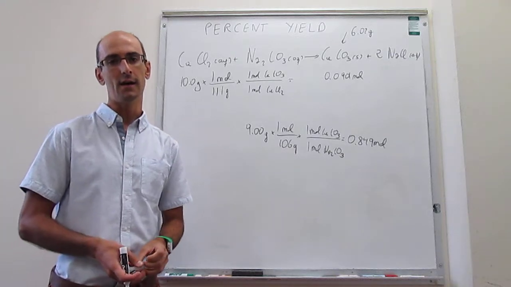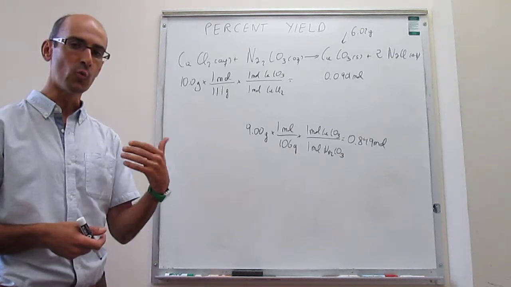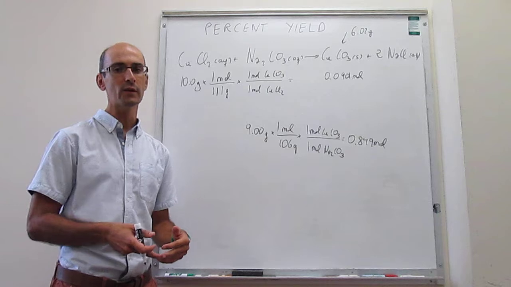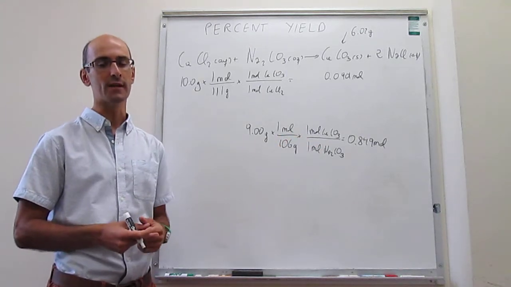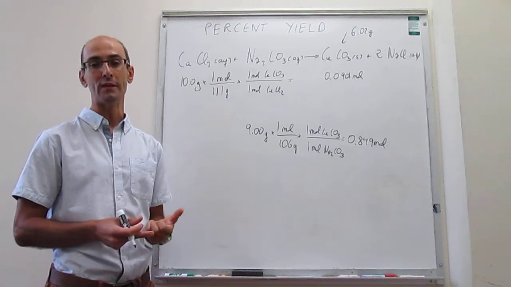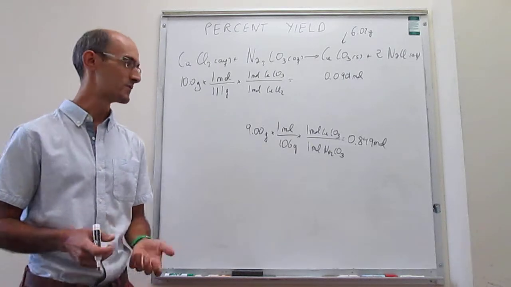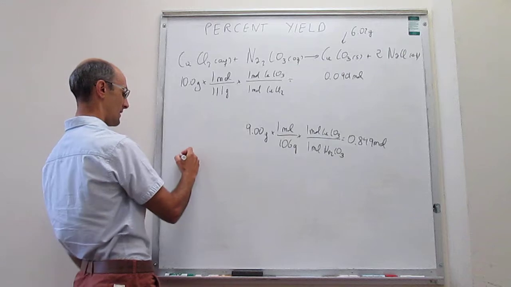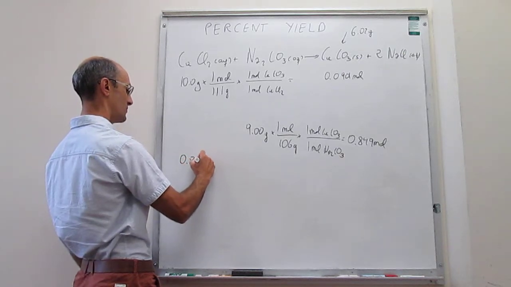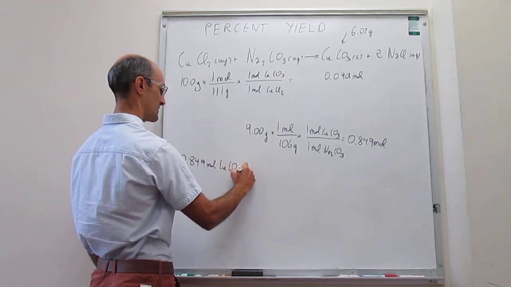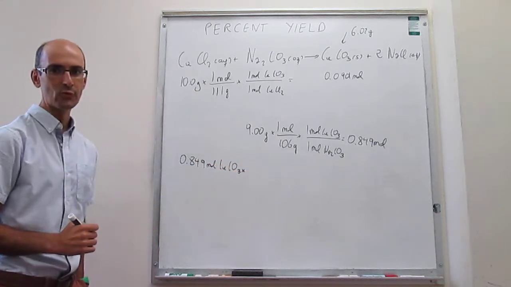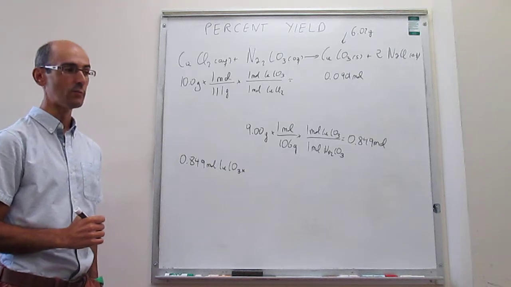And then if we assume that the reaction goes to 100% completion, we can transform those moles of calcium carbonate to grams, to mass of calcium carbonate, and then figure out what the theoretical yield should be for this reaction. Okay, so we can do this in a different row. 0.849 moles of calcium carbonate expected, and then we simply have to transform this to mass by using the molar mass.